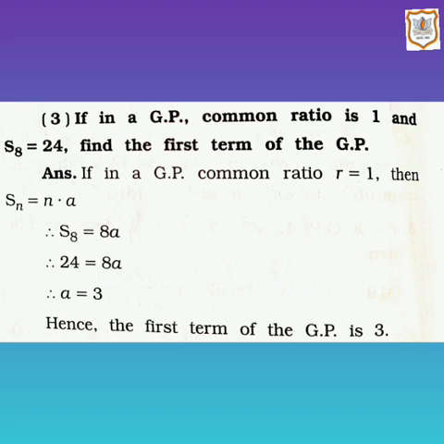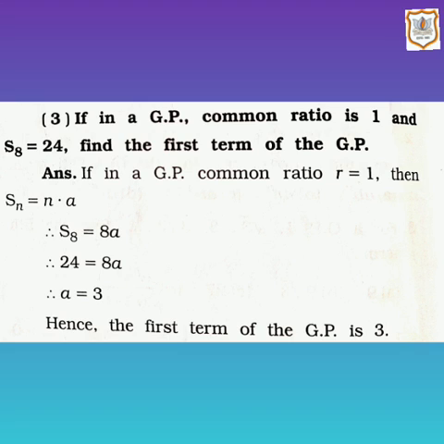If we know the formula of Sn, when r is 1, it is n multiplied by A. So S8 is equal to 8 into A, as n is 8. The sum of 8 numbers is 24, that is called S8. So the total numbers are 8, so in place of n I will write 8, and A I will write as it is.